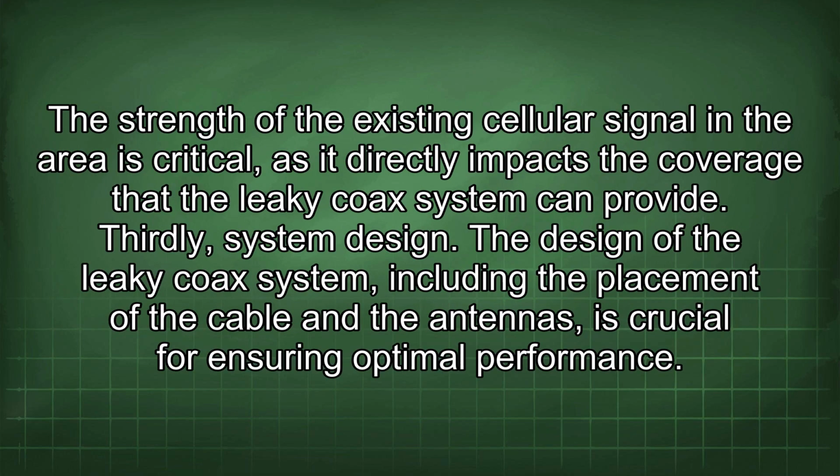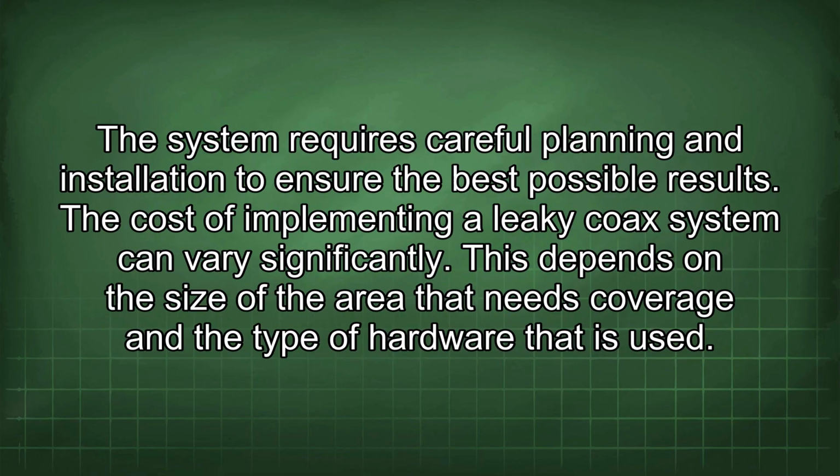The strength of the existing cellular signal in the area is critical, as it directly impacts the coverage that the leaky coax system can provide. Thirdly, system design. The design of the leaky coax system, including the placement of the cable and the antennas, is crucial for ensuring optimal performance. The system requires careful planning and installation to ensure the best possible results.